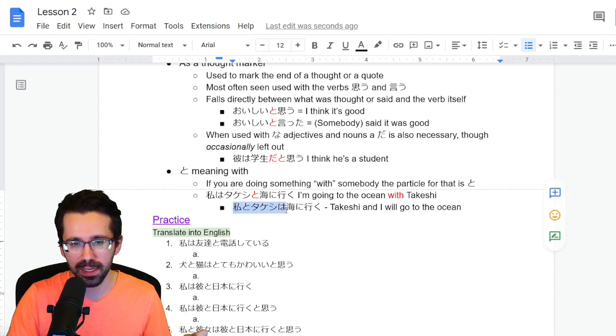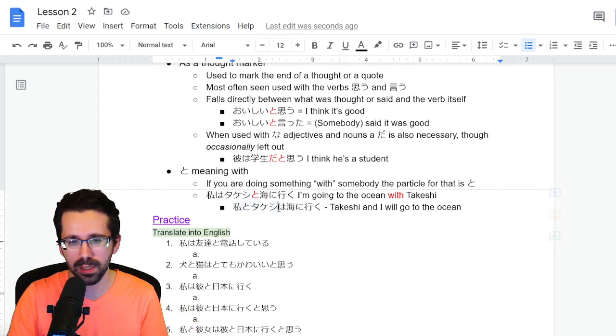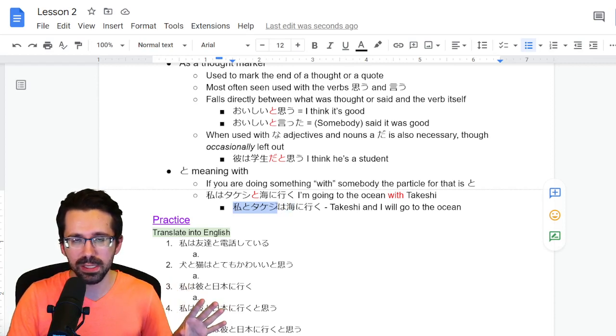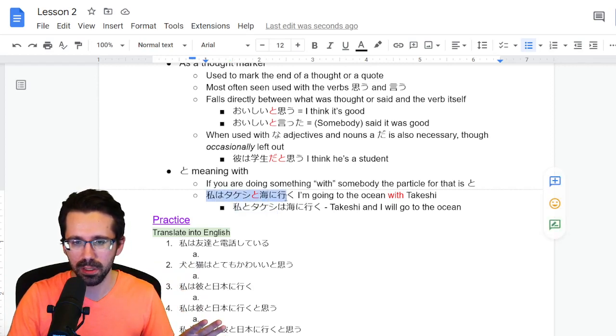Whereas if we say it this way, watashi to Takeshi wa, now these are again being bundled together and both marked as the subject with wa. So in this example, using "and," both of the subjects are equal in importance, whereas in this version, meaning "with," then we have a little bit of extra importance to watashi, and Takeshi is just kind of on the side in this case.